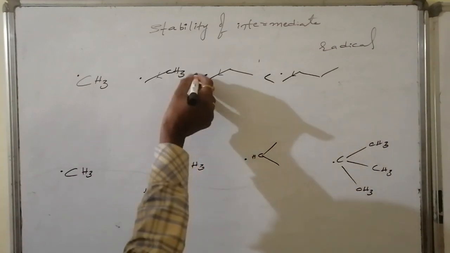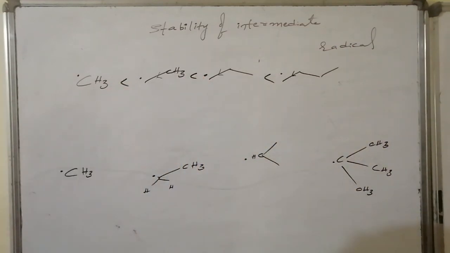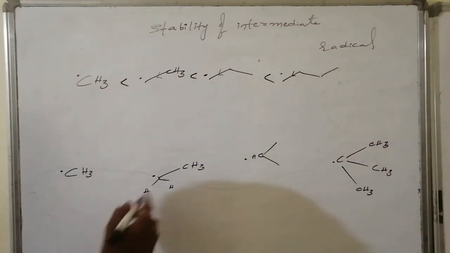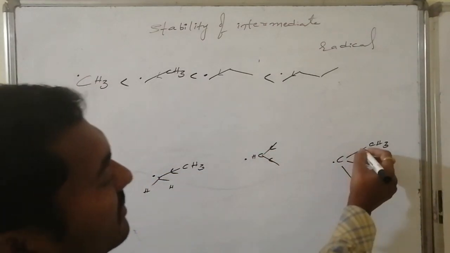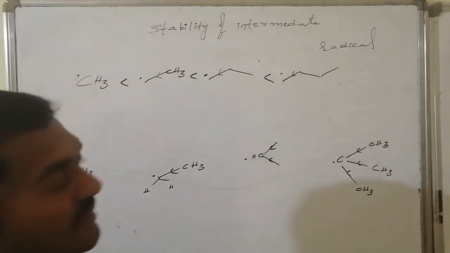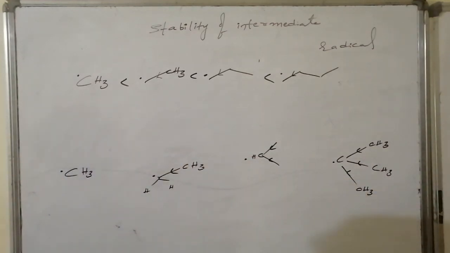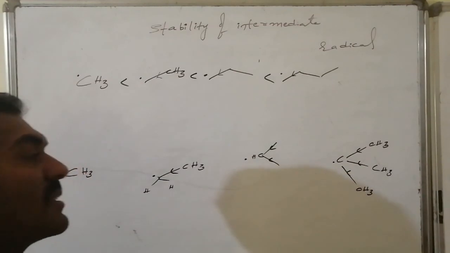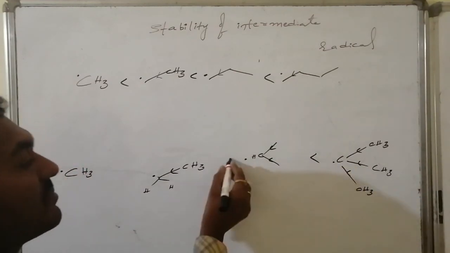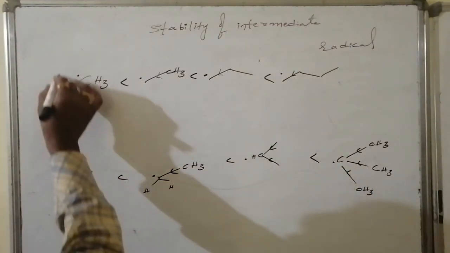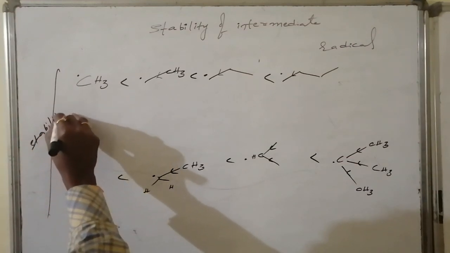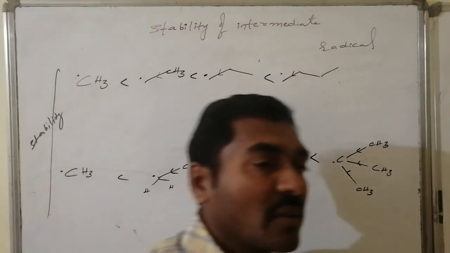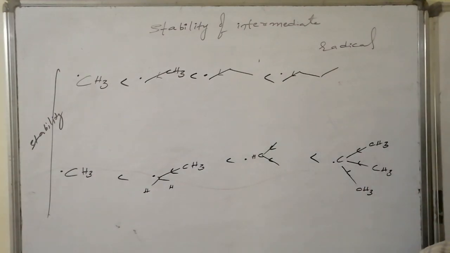Similarly, in this case, one group is there, two groups are positive inductive, three groups are positive inductive. So the more positive inductive effect groups by number, the more the dispersion, hence it becomes more stable. Such stability orders are there for the radicals. All of those are similar to that of cations present in organic chemistry.